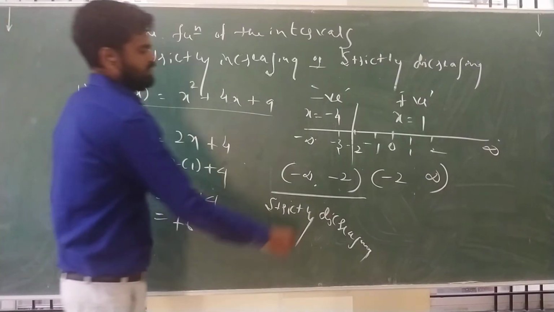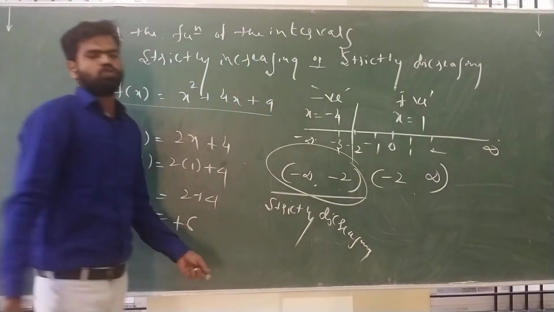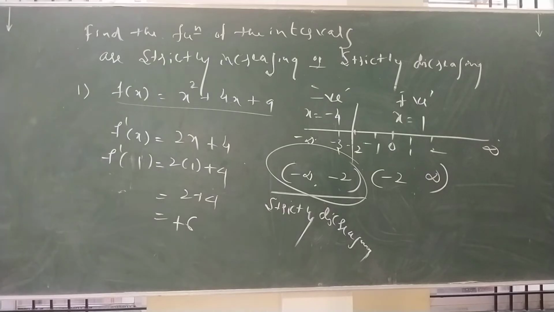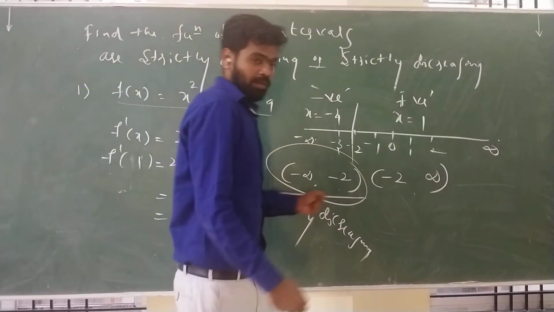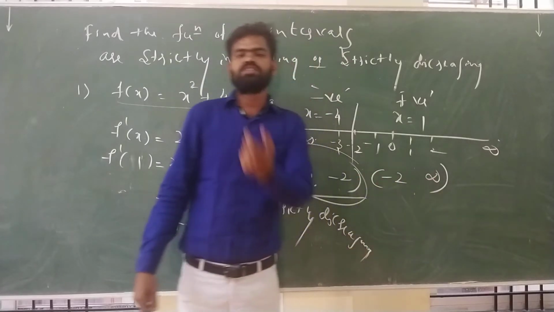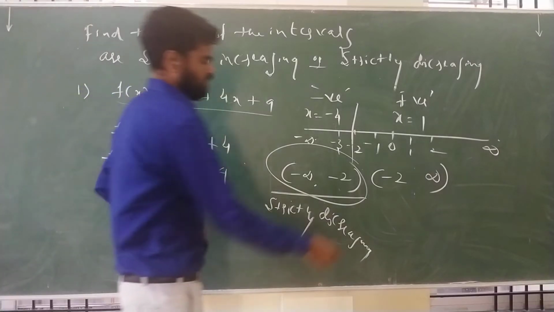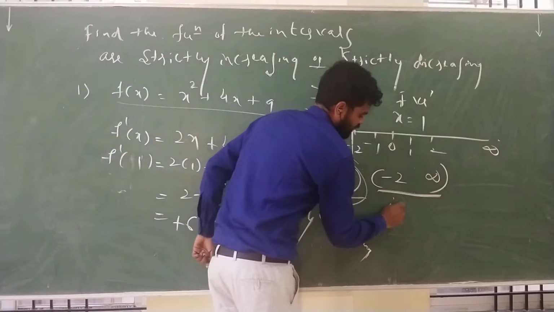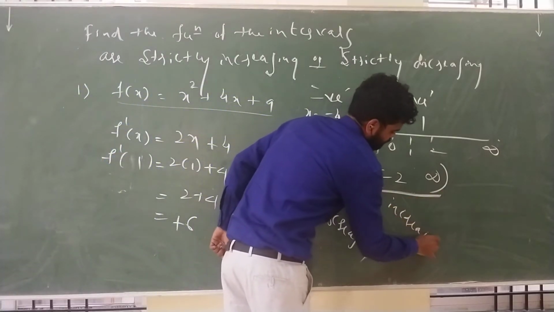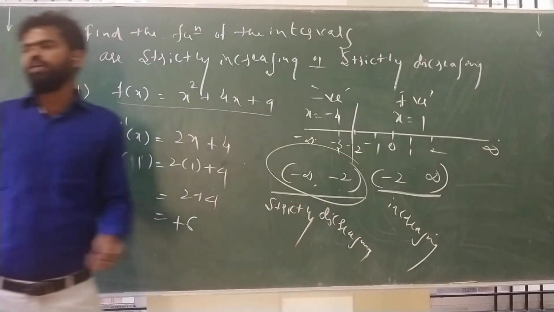So the interval of minus infinity to minus 2 is strictly decreasing, and minus 2 to infinity is the strictly increasing interval. Perfect.